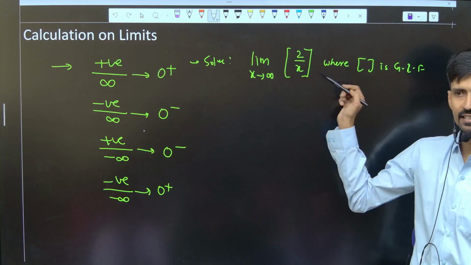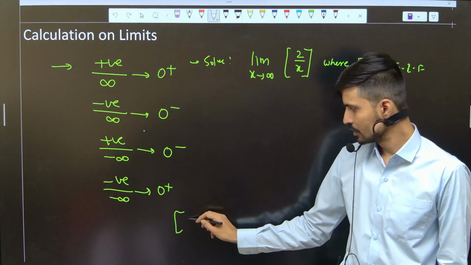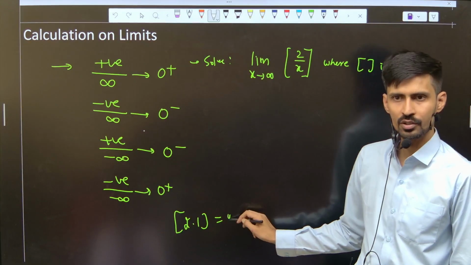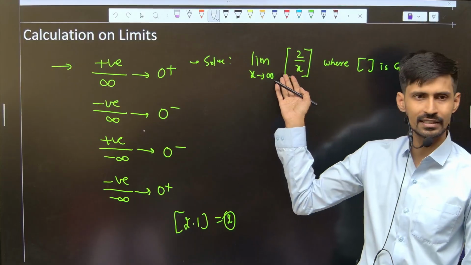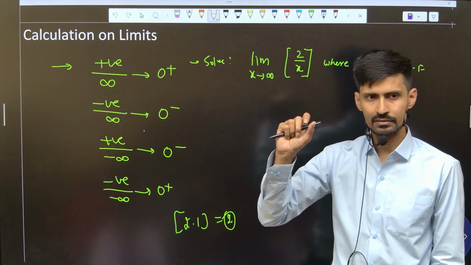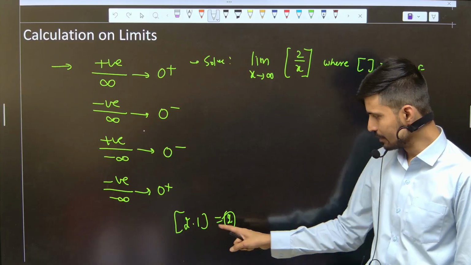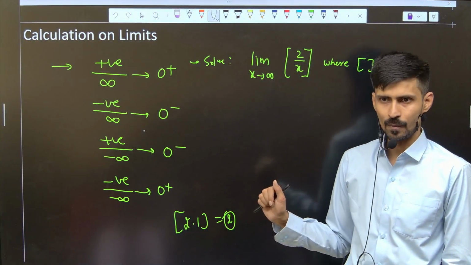This is the question. Do you remember what the greatest integer of 2.1 is? Suppose one number is 2.1. What is the greatest integer of 2.1? 2. Remember na? Most students will be thinking, sir, it is looking abnormal, but you don't have to think like that. Simple, if you know this thing, then you can do that question.